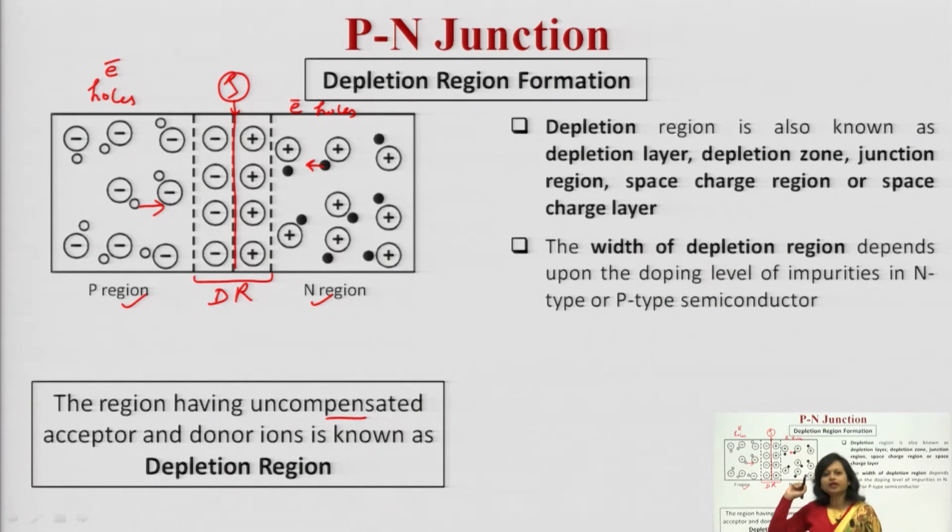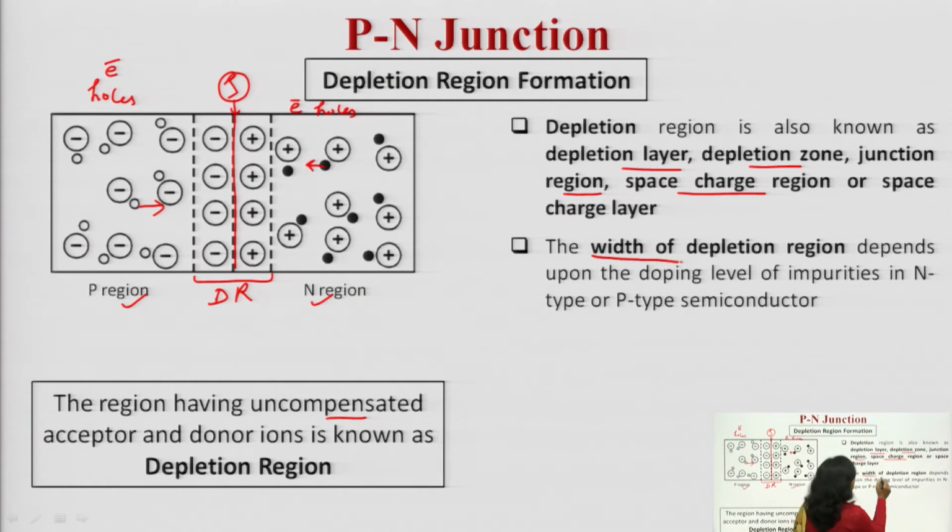And there are some very important points you must remember. This depletion layer, depletion region, depletion zone or junction region, is also known as a space charge region. Why space charge? You can see in this particular region negative and positive ions have been accumulated, that is why it is called space charge region or space charge layer.